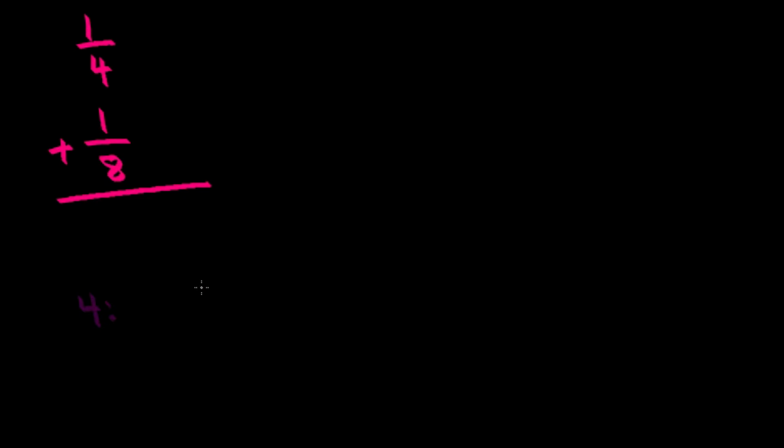So 4 times 1 is 4. 4 times 2 is 8. 4 times 3 is 12. 4 times 4 is 16. 4 times 5 is 20. I'm going to stop right there. I could go on using the multiplication fact, but it might not be necessary, so I'll just stop.